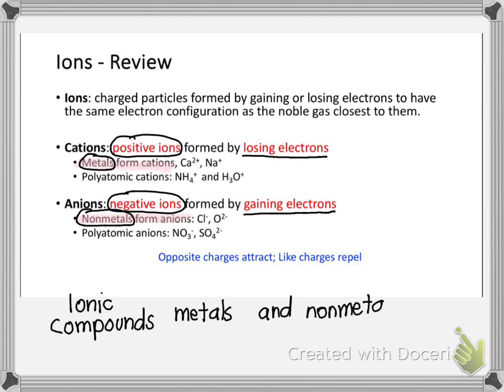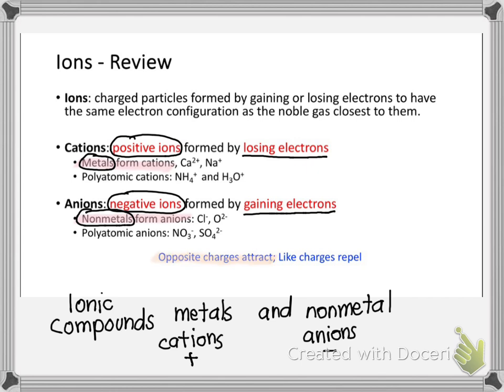And so when we think a step further, we know that metals are cations, so they're positive charge. And nonmetals are anions, so they're negative charge, and we know that opposite charges attract.